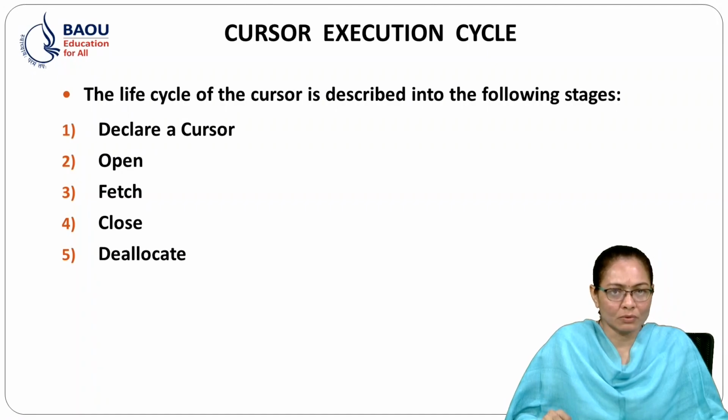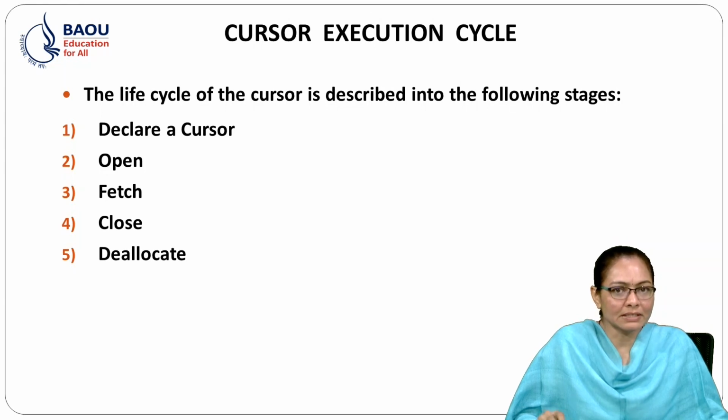Now open the cursor using the open keyword, like open and then the cursor name, which is defined in the begin section or executable part. The cursor is opened and populated, or executes the SQL statement defined by the cursor.